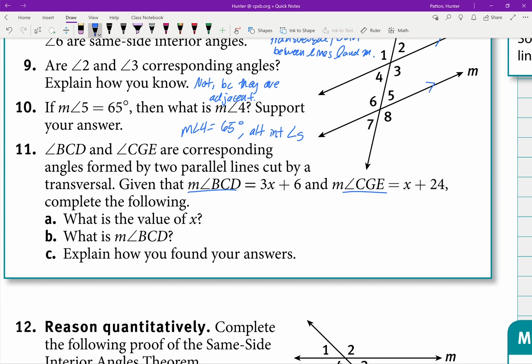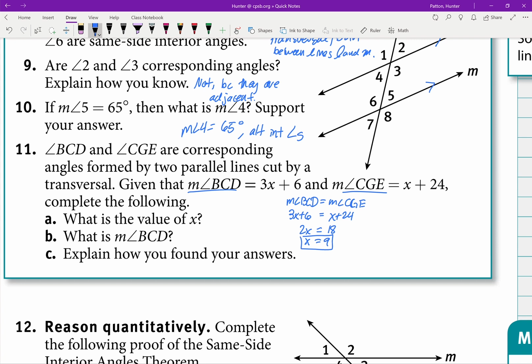So, measure of angle BCD is equal to the measure of angle CGE. So substitute the values. 3x plus 6 equal to x plus 24. Subtract x from both sides, we get 2x, and then subtract 6 from both sides, so 2x is equal to 18, and x is equal to 9. There's a little algebra there.